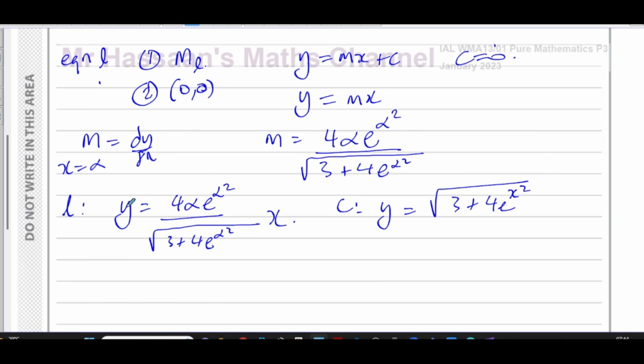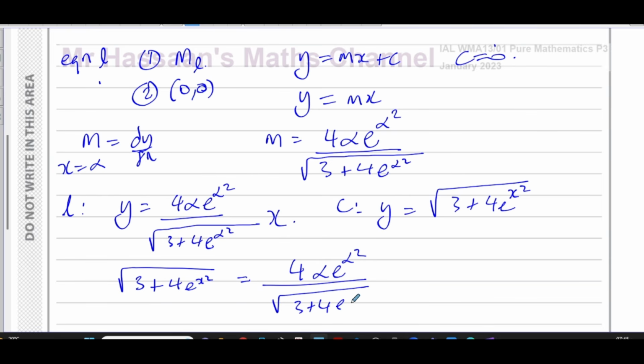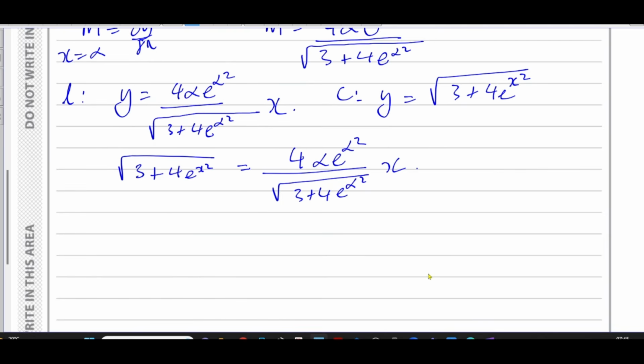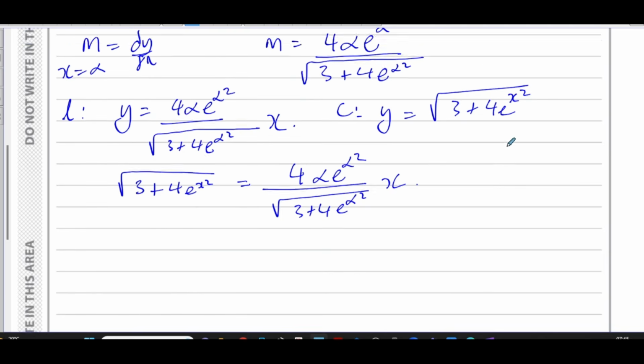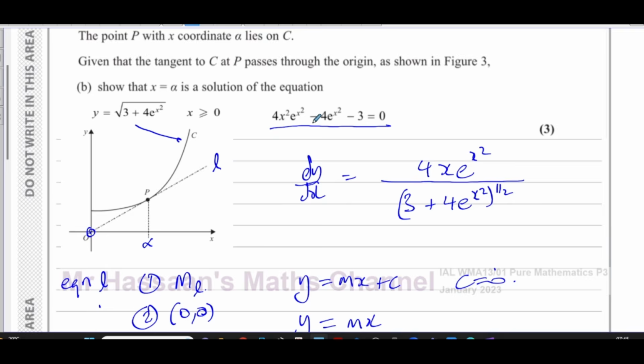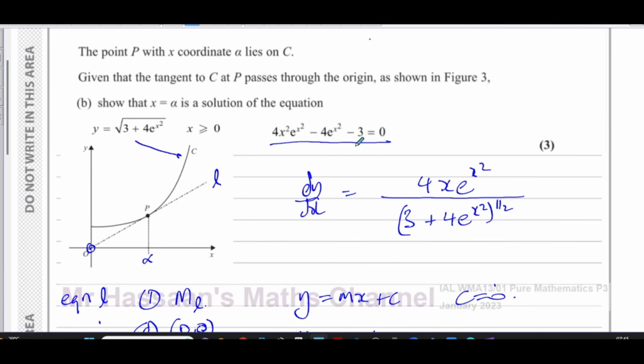So if I replace this y with what y is equal to, I'm left with the square root of 3 plus 4 e to the power of x squared is equal to 4 times alpha e to the power of alpha squared over the square root of 3 plus 4 e to the power of alpha squared, times x. Now, what we have to show is that x equals alpha is a solution to this equation.